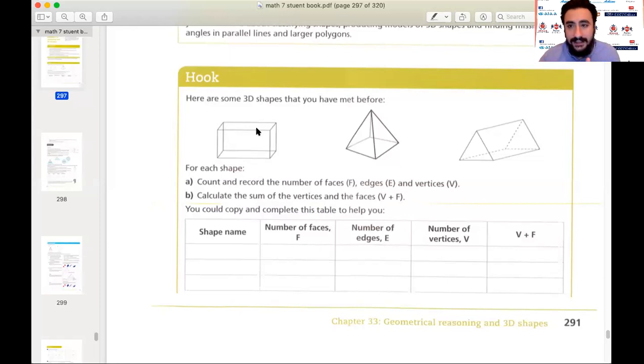For example, if I cut it from the middle here, so we separate it, this face and that face would be the same rectangle, the same like this face and that face. So that's why we say this is also a prism, and its name is rectangular prism. So you can say this is rectangular prism or cuboid. It's up to you.